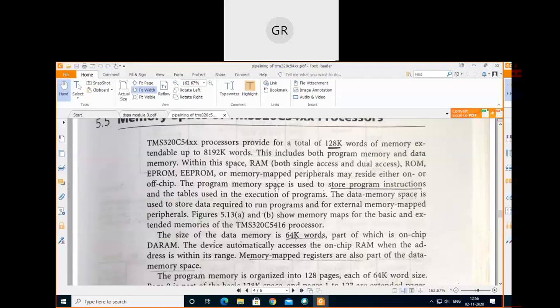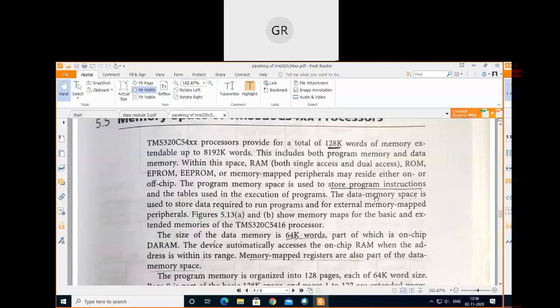The program memory space is used to store program instructions and the tables used in the execution of programs. Data memory means it can store the data.